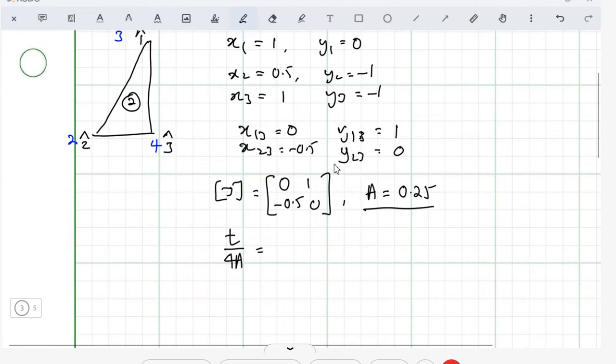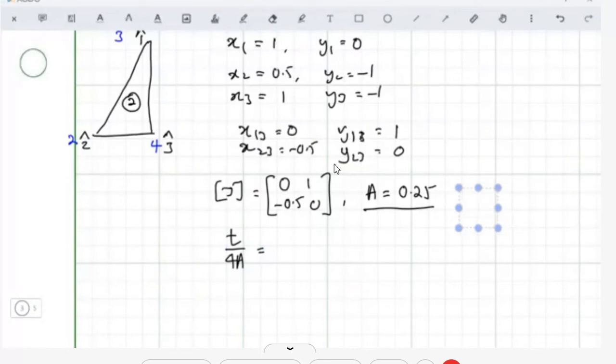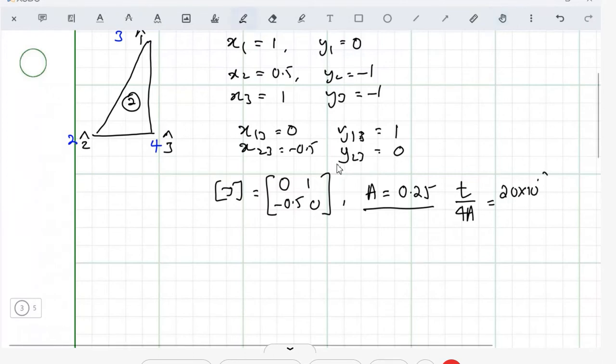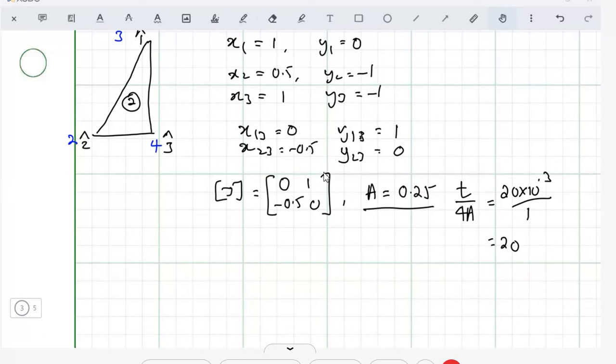So T over 4A should be equal to 20 times 10 to the minus 3 over 4 times A. This is 1. So this is 20 times 10 to the 4 times 0.25 is 1.